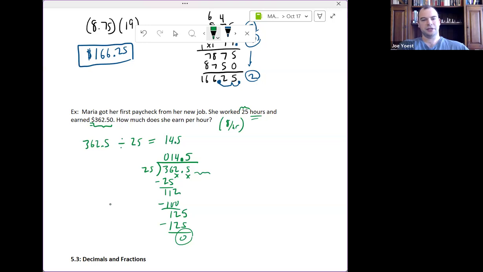So my answer is 14.5. But really, I would phrase this as $14.50 per hour. So that was her average hourly wage over this, first, say, week or so that she got the paycheck from.